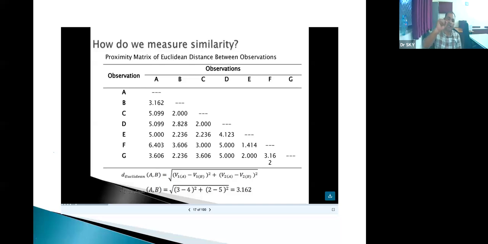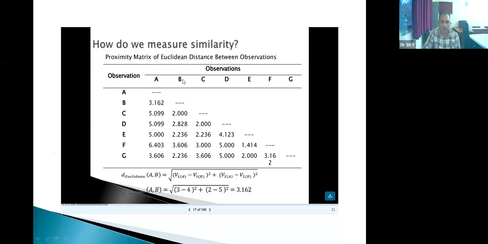So for all characteristics, we take the difference of the points. Here we have 2 points, A and B, and we take the difference for characteristic 1, that is V1, and for another characteristic V2. If we have more characteristics, then we say V3A minus V3B squared. Like that, we can find the distance, calculated through this formula.